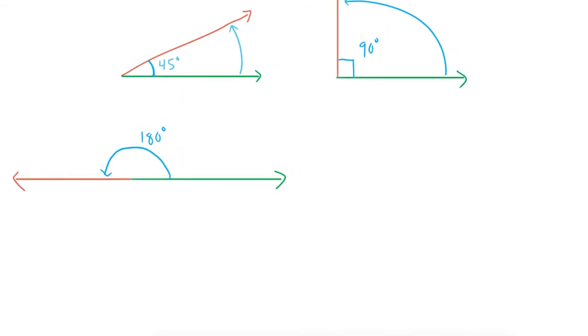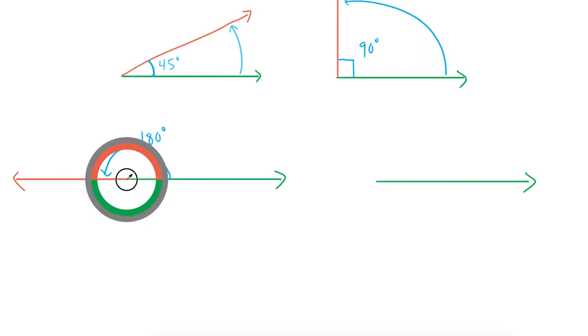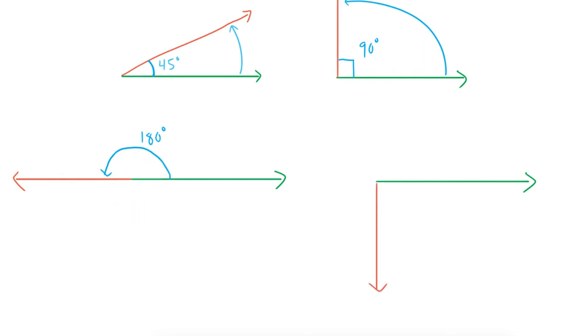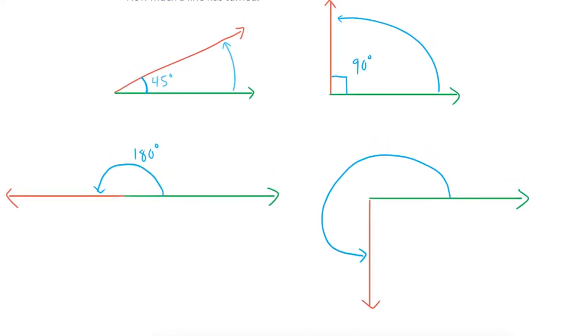And if I moved it even further, so here's my green line. If I move my orange line even further back, so let's say it started here and I moved it all the way here. This angle here is another 90 degrees, so it's 260 degrees, okay?